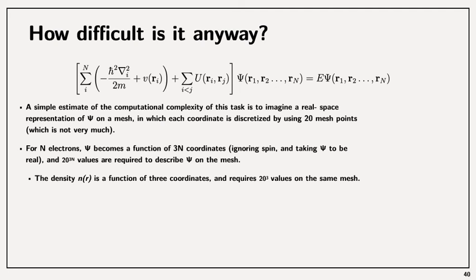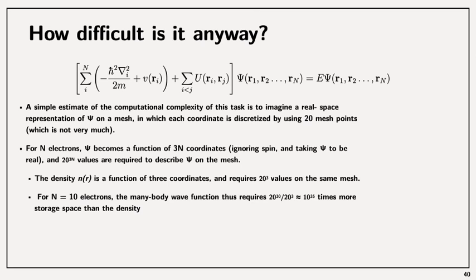So this is actually a problem because for the wave function, if n is, let's say, equal to 10 electrons, I'm going to use 20 to the power 30 points, which is totally impossible to do on any computer. Now imagine for a second, and I've not proven that to you yet, that you could use a density instead of the wave function. Density functional theory is really that: you can use a density.